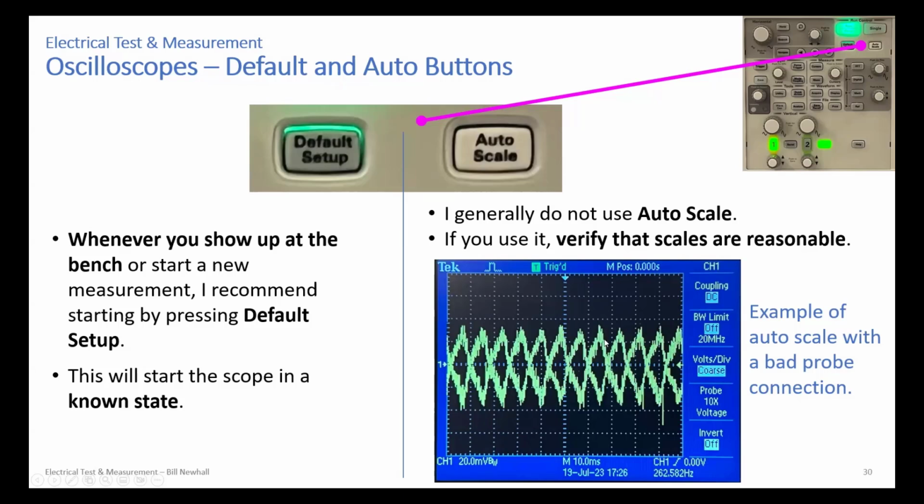But the problem is sometimes it zooms in on noise and not the signal. Even when the probe's properly connected and you do see the signal, sometimes it zooms in on noise. So be careful with the auto button and always start with default or preset.